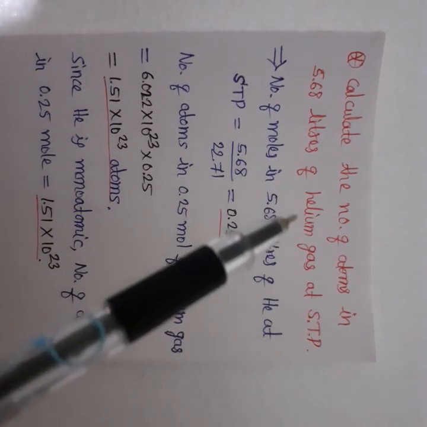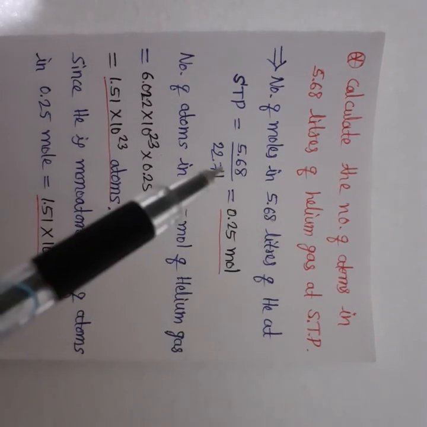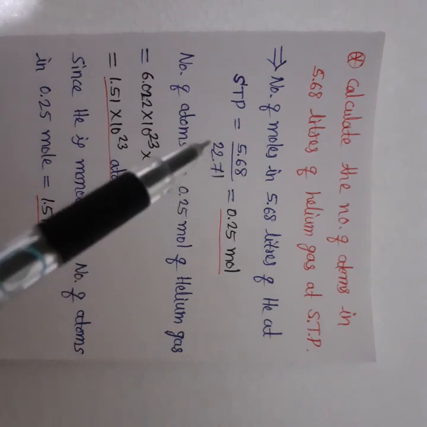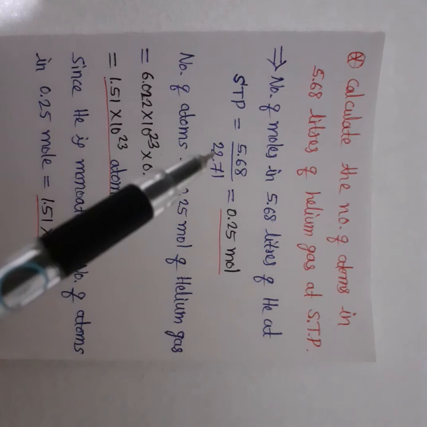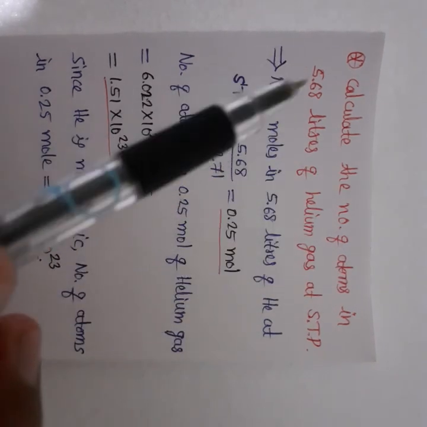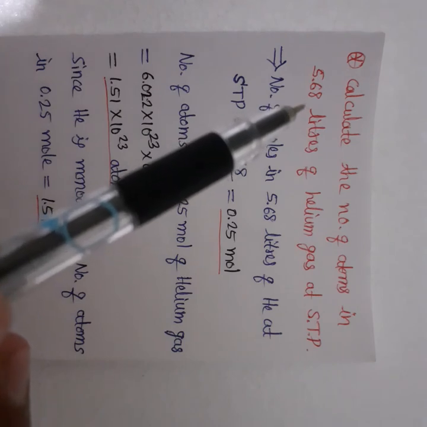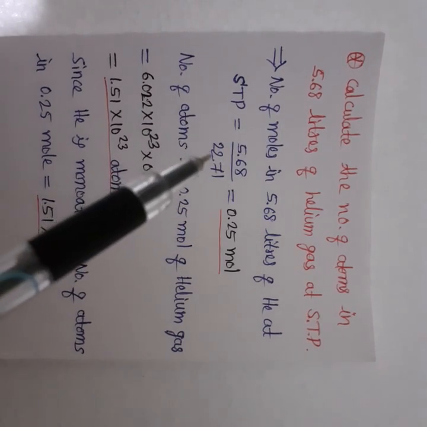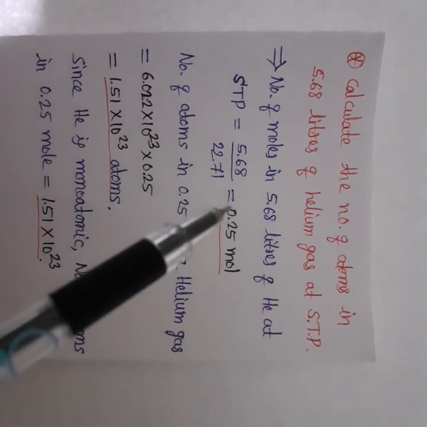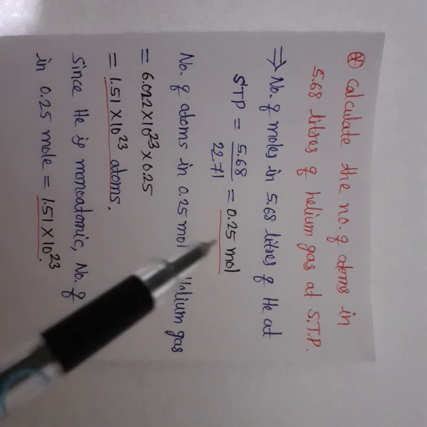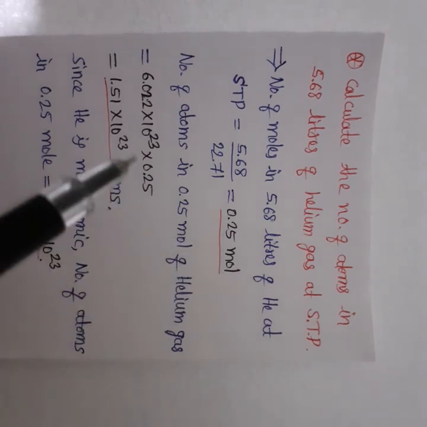Since this is a gas, it should be divided by 22.4, which is the volume of a mole of gas at STP. Here the volume of helium given is 5.6. If you divide 5.6 by 22.4, then we get the number of moles of helium at STP, that is 0.25 mole.